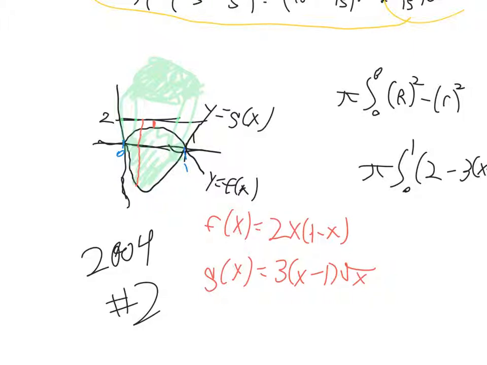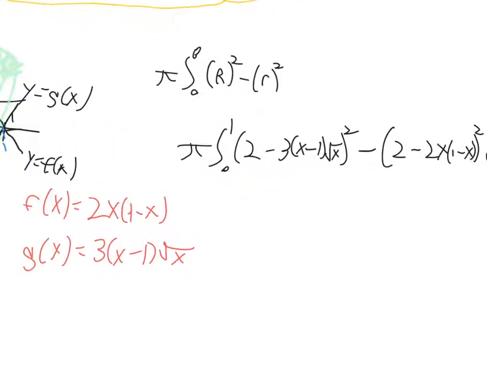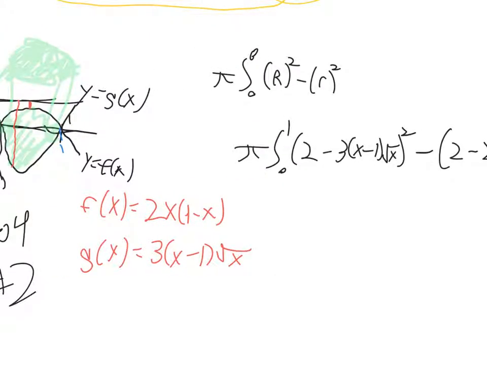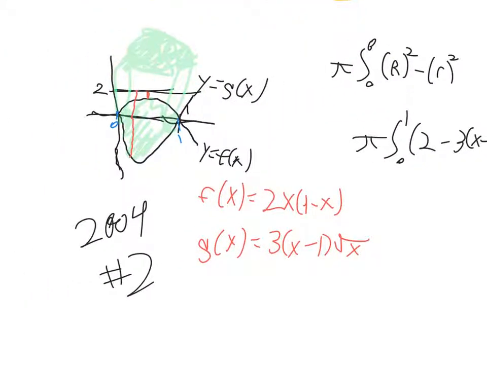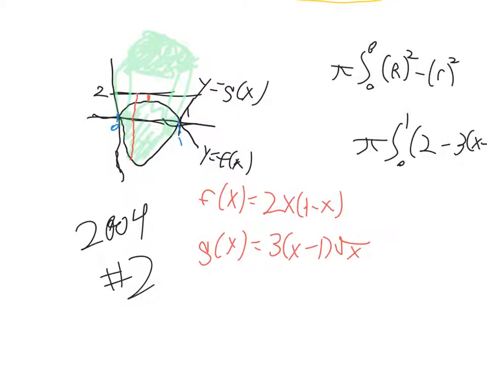And so to find the small radius, we know that 2 would just be the distance from 2 to the x-axis. But we need to take away from that f of x, right? Because that's what's stopping it from getting there. So 2 minus f of x would give you the small radius, which is what we have over here. 2 minus 2x times 1 minus x, which is f of x, right?